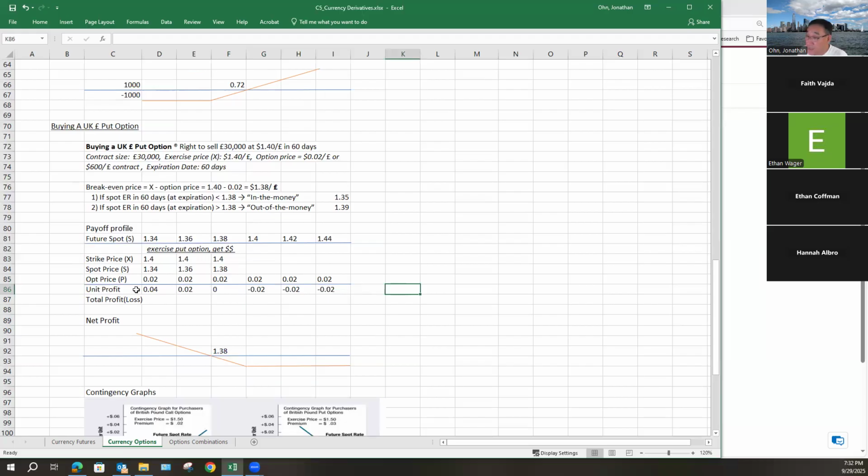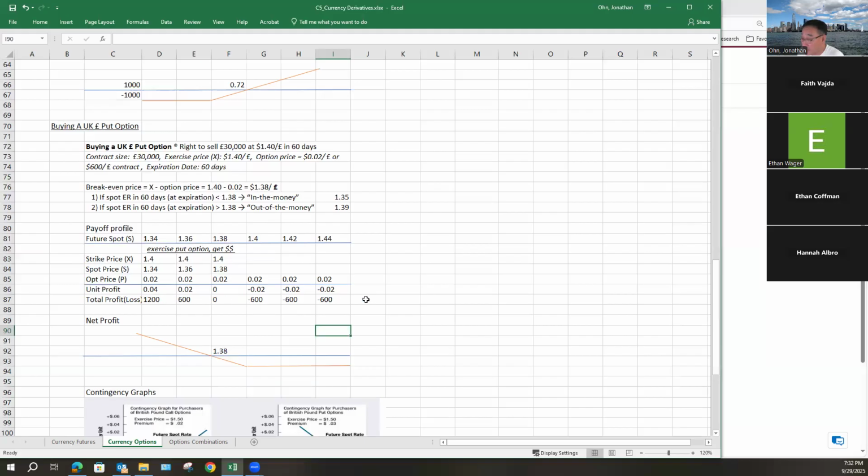See, there's the unit profit schedule. Let's make it the total profit schedule. So the total is 30,000 times this one, and then copy and paste there. So this is your total profit schedule.